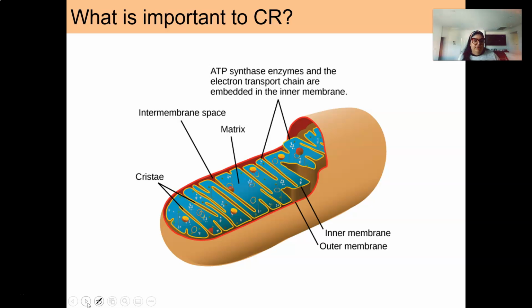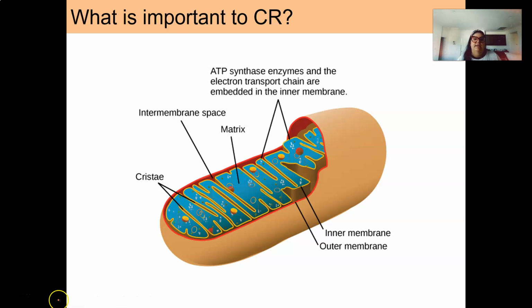We need the mitochondria. So the mitochondria holds most of the parts to do this. Actually, some of the parts are held in our own cytosol, and then most of the parts to do this are in the mitochondria. So we'll see where all this is happening, but we need the mitochondria to do this. Without the mitochondria, we cannot break all of this down.